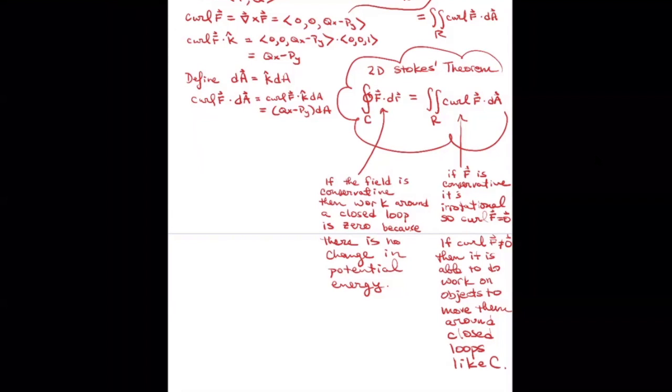In the end, you come home and you're in the same place you started, so the potential energy is not changed overall, and so the work that gravity did was zero on you to make you go around that closed loop.